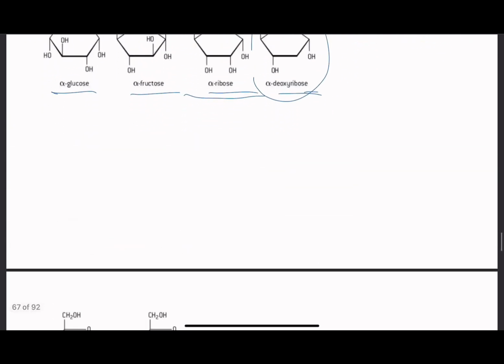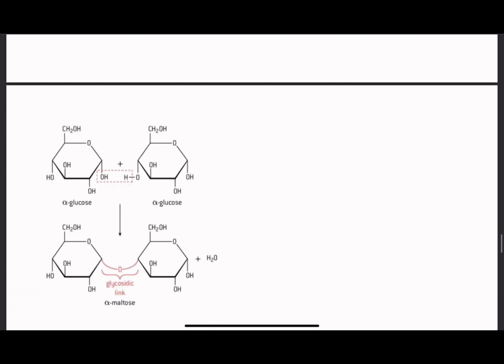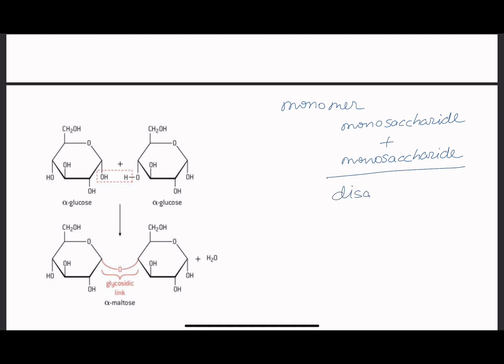Now, we told you that we have monosaccharides, monomers. Now, those monosaccharides need to be in a cyclic form to add up together. So a monosaccharide added to another monosaccharide gives us a disaccharide.